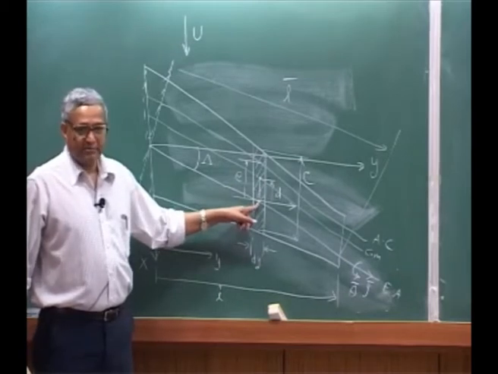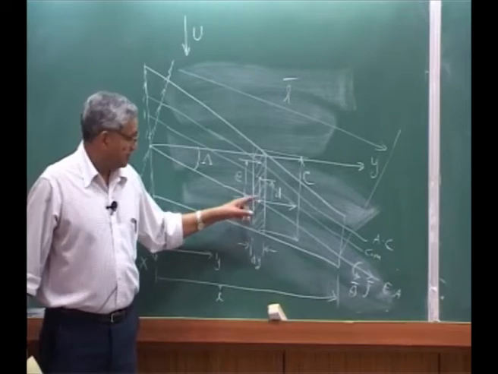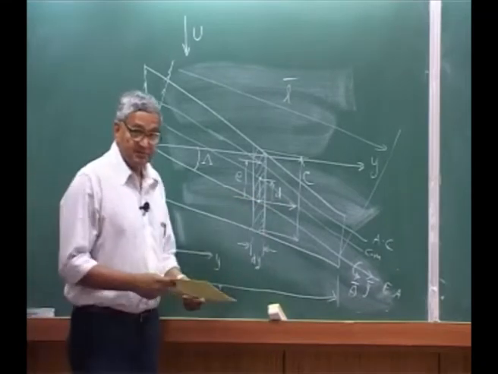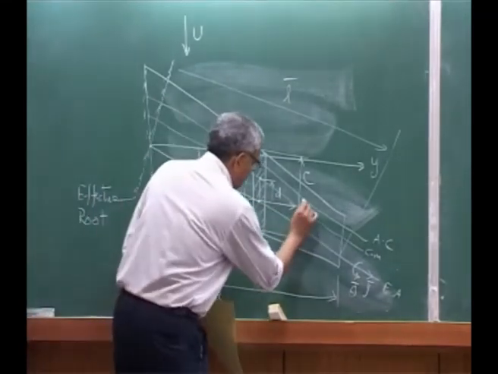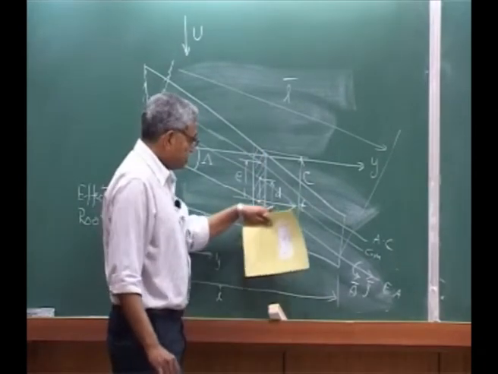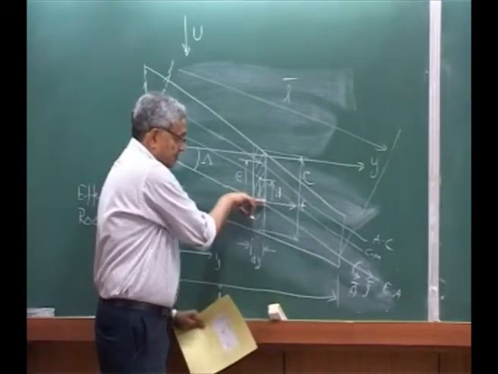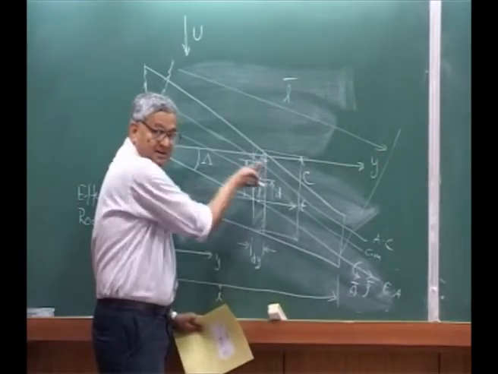So you will have a force and a moment. The moment is along, please understand, this axis, so I am going to call T the twisting moment, which is along this direction.